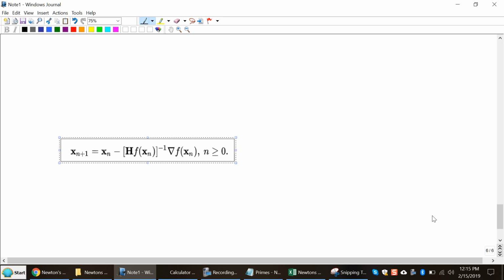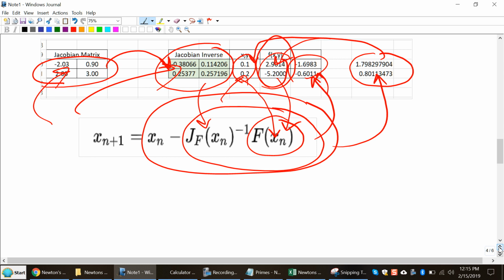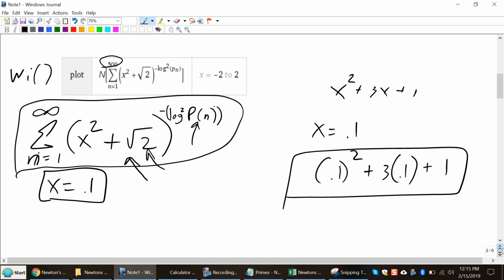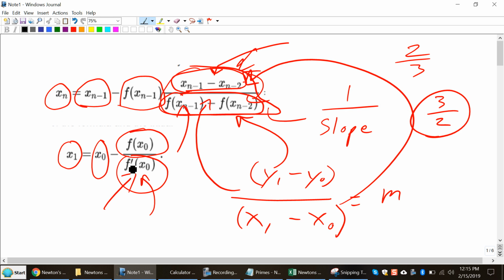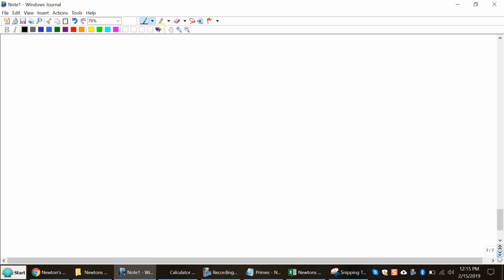So this formula is very similar to this formula, which is similar to this formula. So intuitively, I'm going to explain this formula to you. This is Newton's method. This is simple.